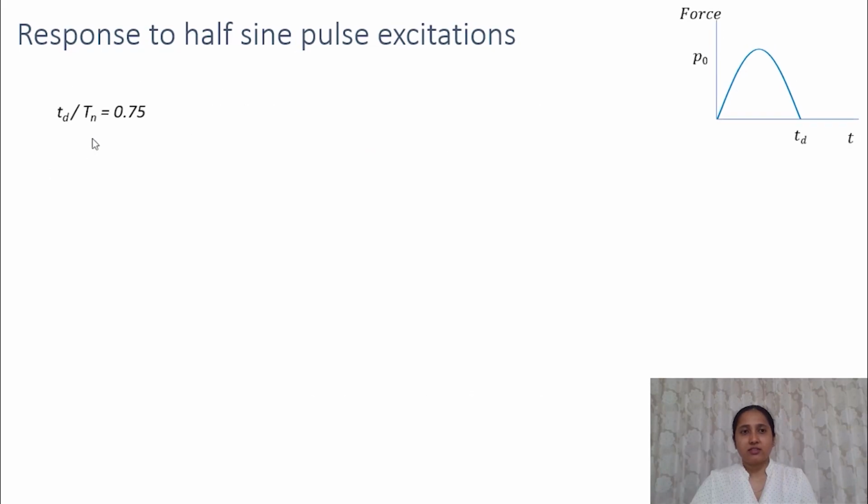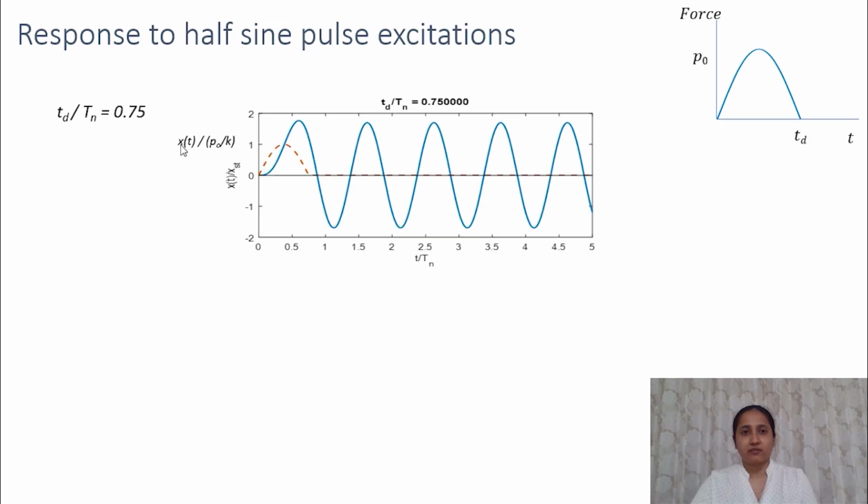Now let's see the response for another value of Td by Tn, that is 0.75. Here the maximum response happens during the pulse itself. This is the static response, and the maximum value of the dynamic response occurs here, within the pulse.